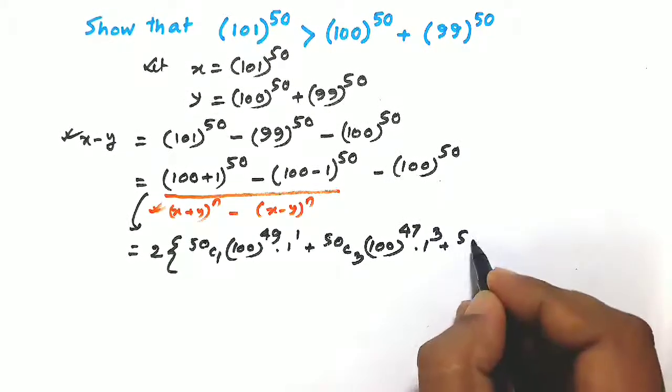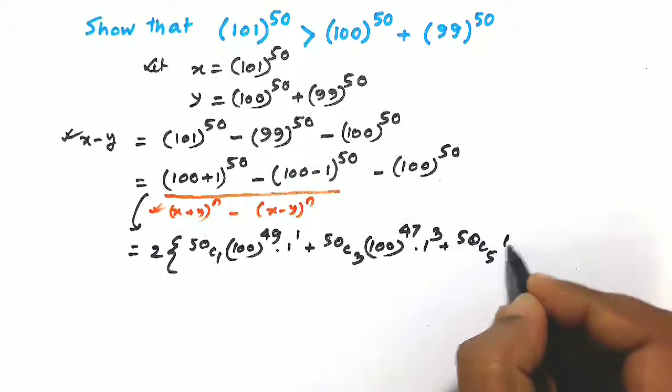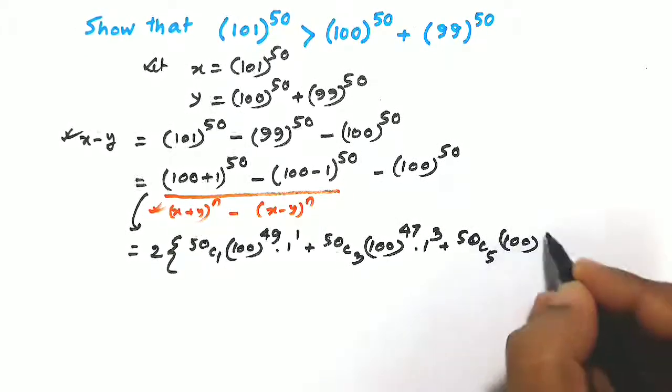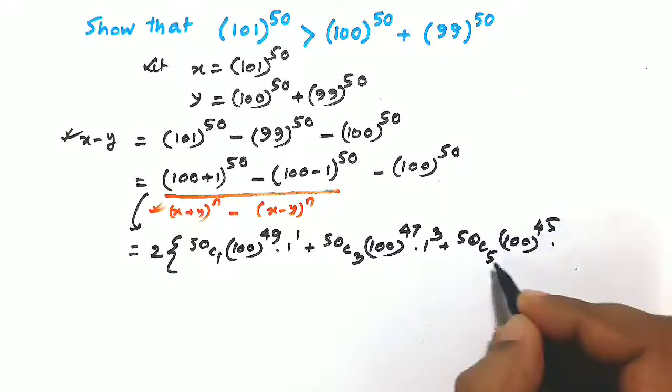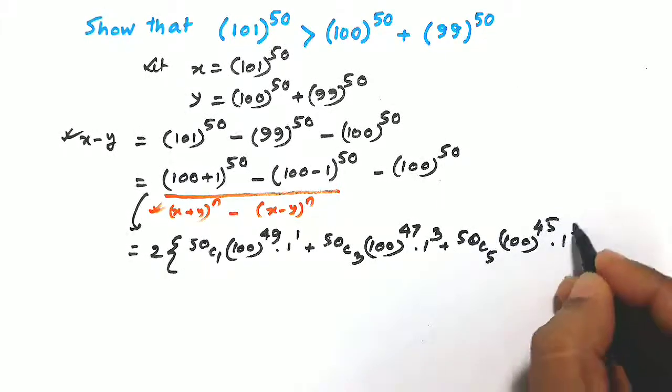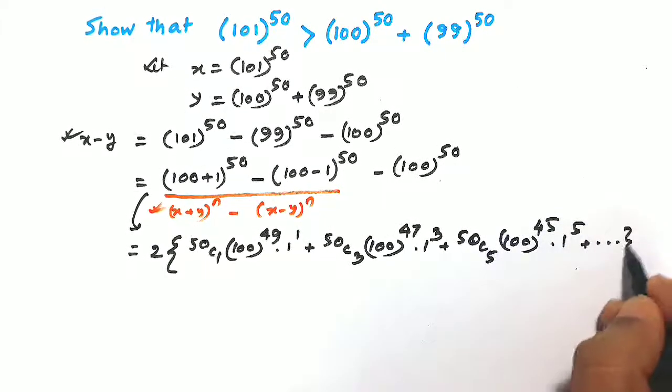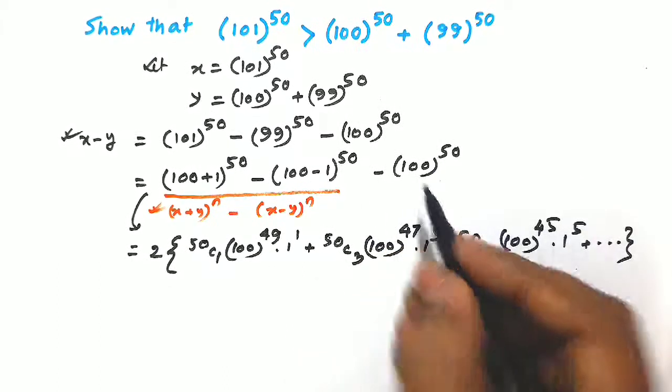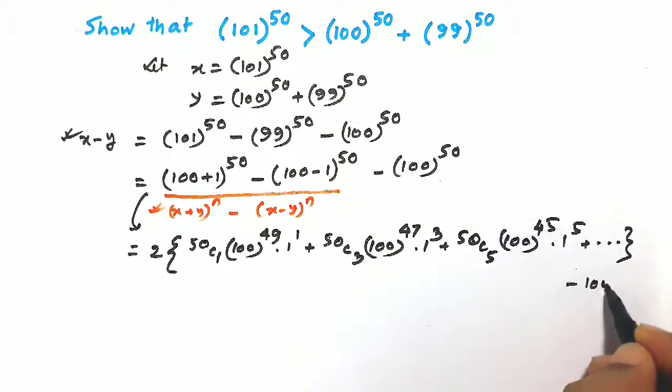Again 50C5 100 to the power 50 minus 5, that is 45, into 1 to the power 5, and so on. It is continued, and this term is 100 to the power 50 as usual.